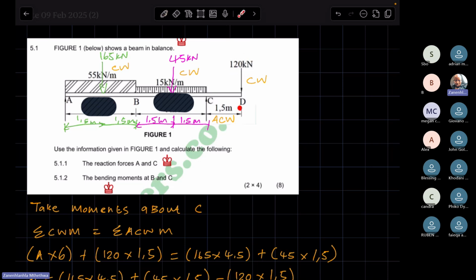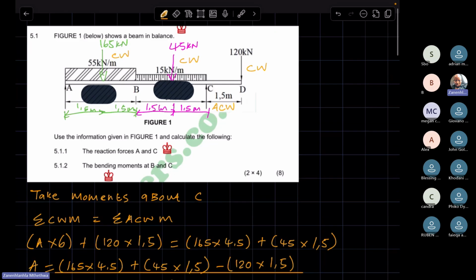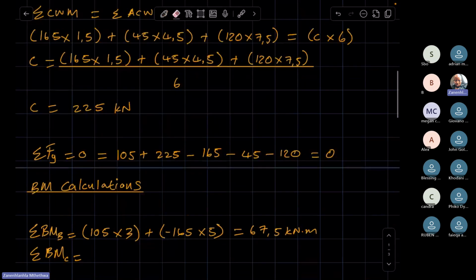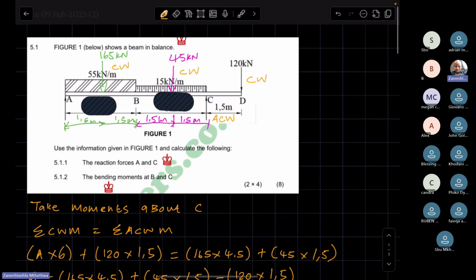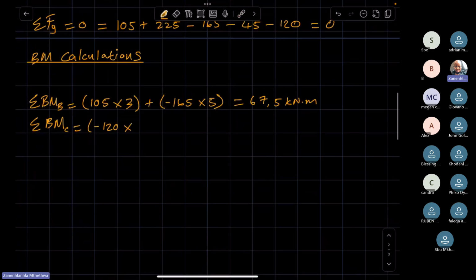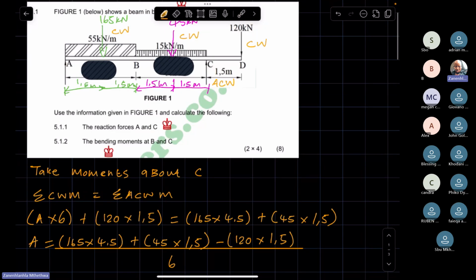It is headed downward, so you take it as being negative. So it's going to be negative 120 times the distance between that force and the critical point we're looking at, which is C, so times 1.5. That's the only force to consider on the right-hand side of C.